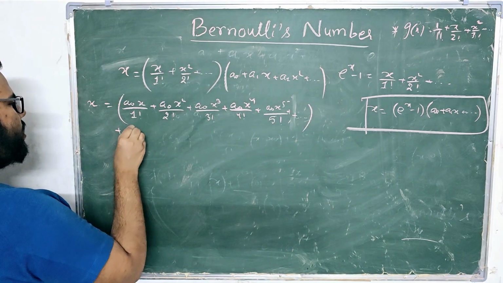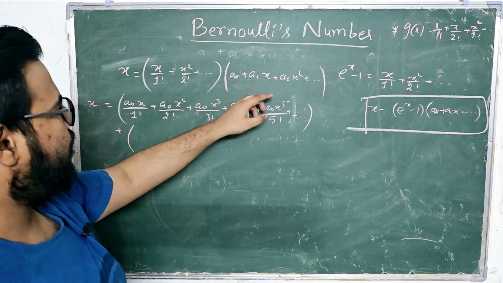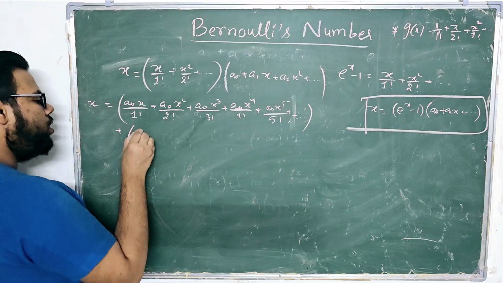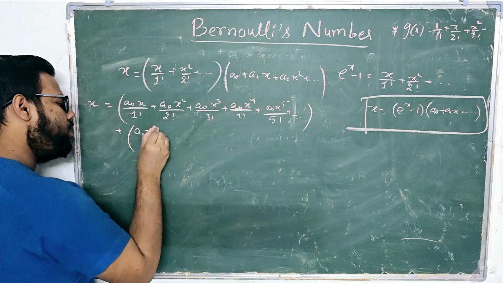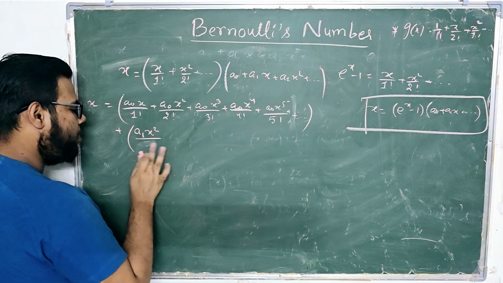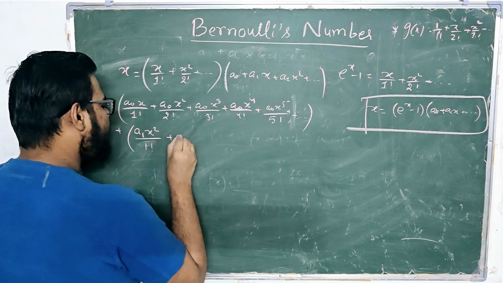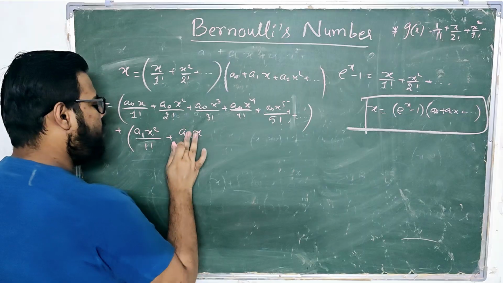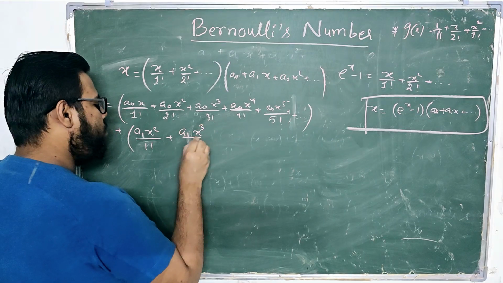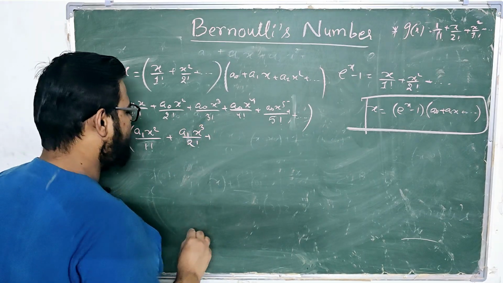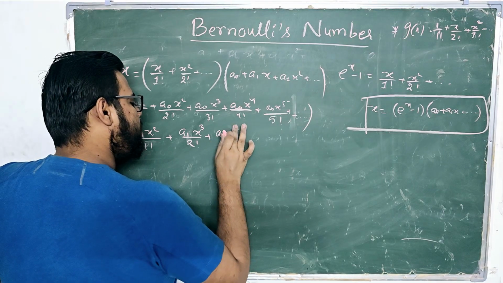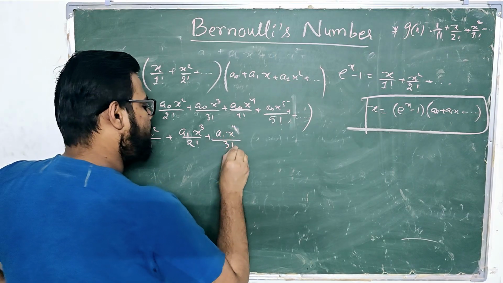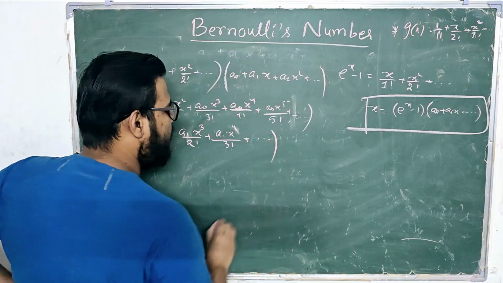Now similarly let's write it for a1, a2 and so on and so forth. So for a1 it will be a1 x square by 1 factorial plus a1 x cube by 2 factorial plus a1 x raised to the power 4 divided by 3 factorial and so on and so forth till infinity.